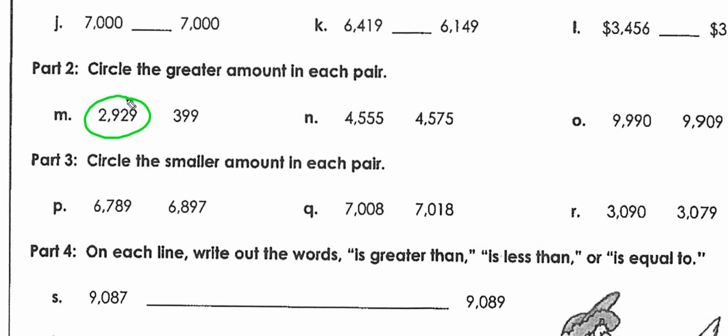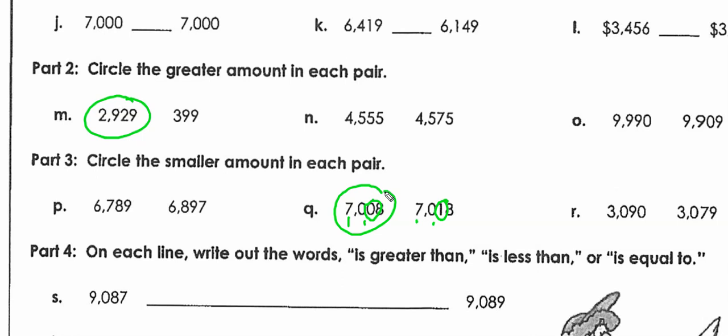If I look at letter Q, I have numbers in the thousands that are the same, numbers in the hundreds that are the same, and in the tens, I have a 0, and then I have a 1. Which one's smaller, 0 or 1? That's right. So in this case, it would be 7,008. That is actually smaller.